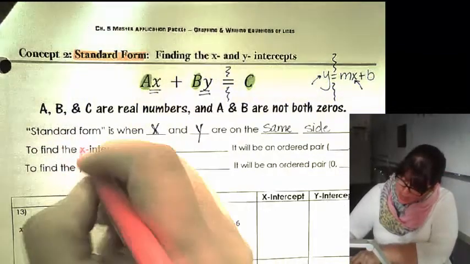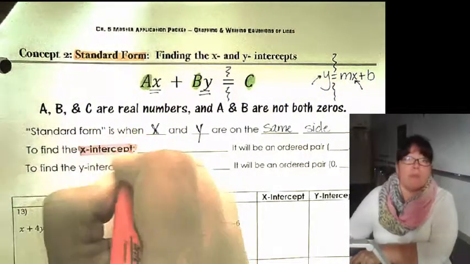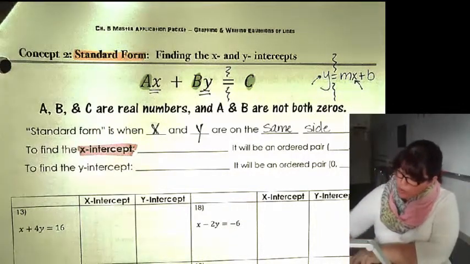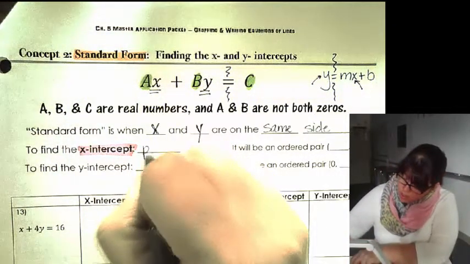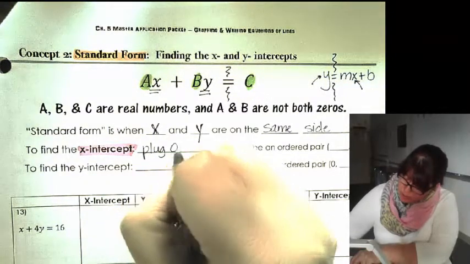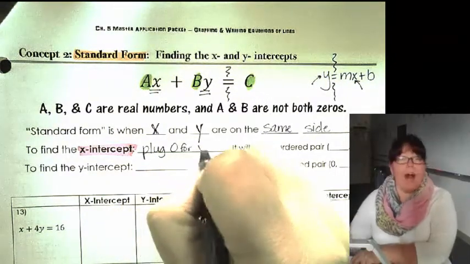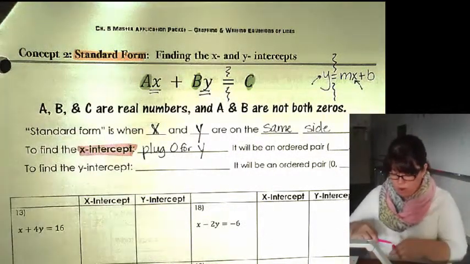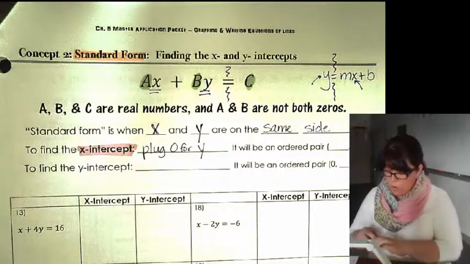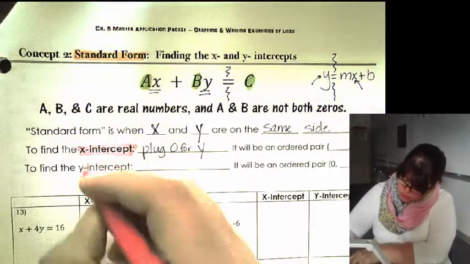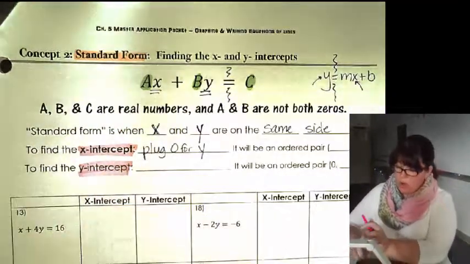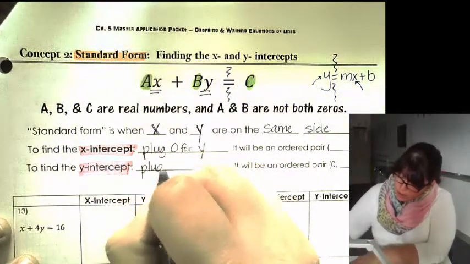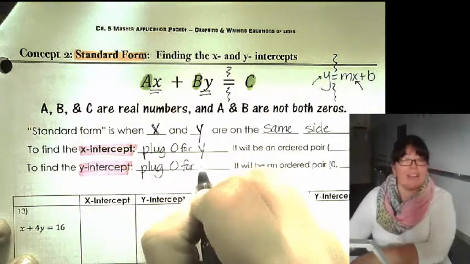To find the x-intercept, remember that's where the line crosses the x-axis, we are going to plug in 0 for y. And then if you are looking for the y-intercept, you are going to plug in 0 for x.